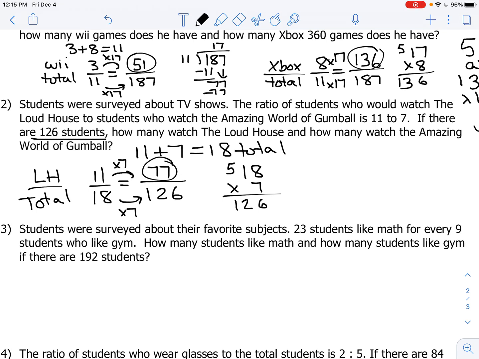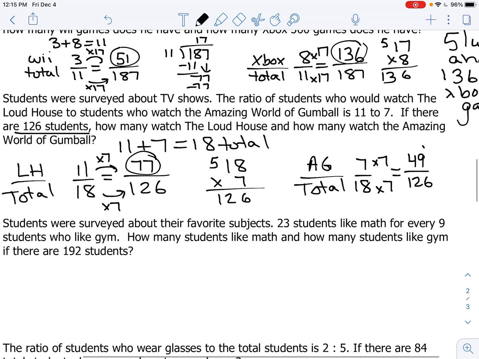Then I'm also going to set it up with The Amazing World of Gumball. I'll just put AG for Amazing World of Gumball and total. And that is 7 students that watch The Amazing World of Gumball to 18 students total. And again, we're multiplying 18 times 7 to make that 126. So we're going to multiply 7 times 7 to make 49 in our numerator for that equivalent ratio.